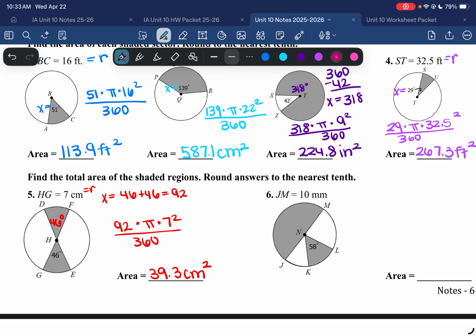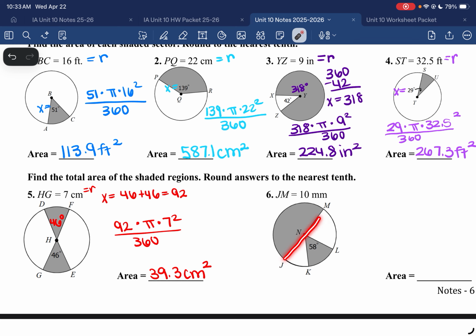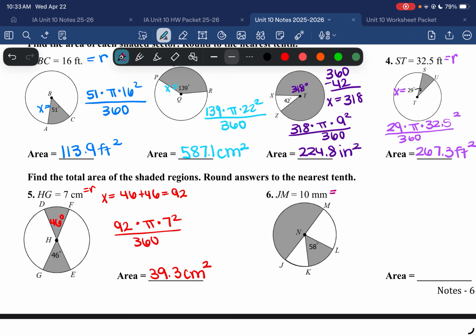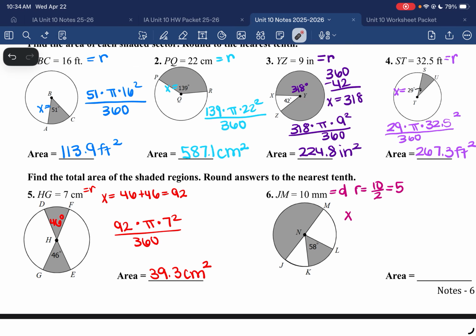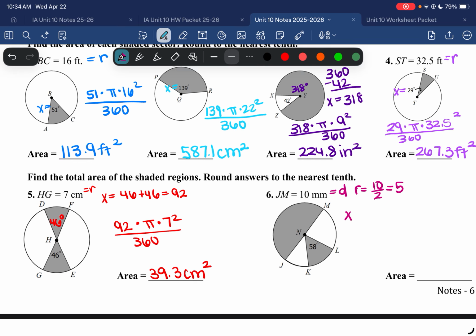Okay, number 6, JM is 10. That JM is the entire thing. So actually it gave us our diameter this time. So for our radius, we need to do 10 divided by 2, which is 5. Now for our x, we want the shaded region. Right here we have a semicircle. So this is 180 plus that 58.